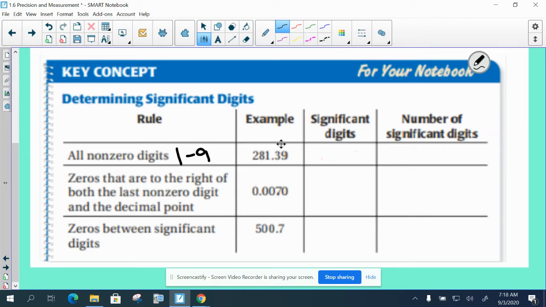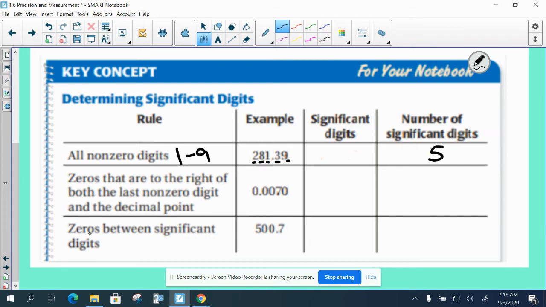So you can count it no matter where it is in the number, if it's before the decimal or after the decimal. So here you'd have 1, 2, 3, 4, 5 significant digits. This column we can ignore, it's just saying which ones they are. I'll just underline them. So 2, 8, 1, 3, and 9 are all significant. So that would be 5.